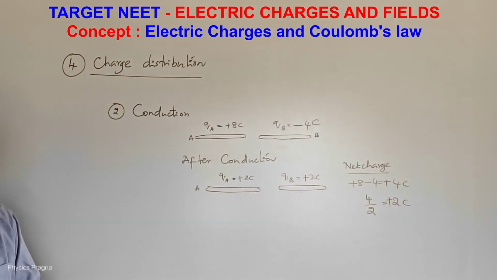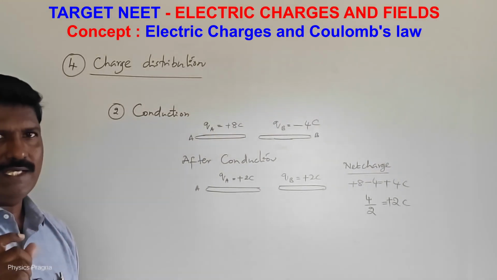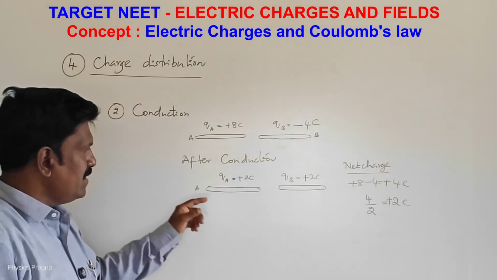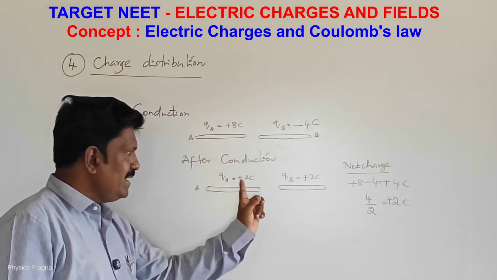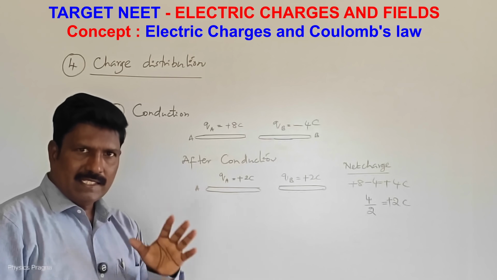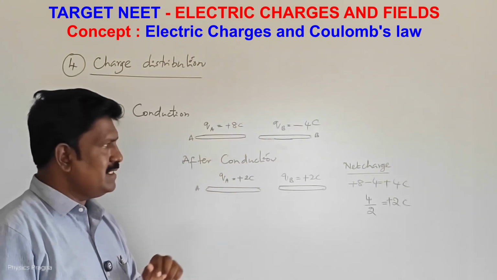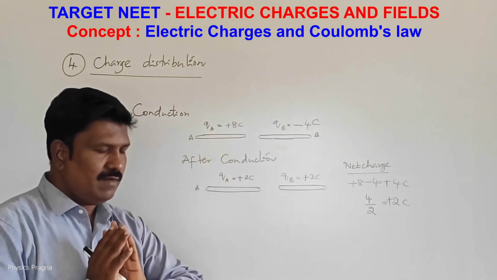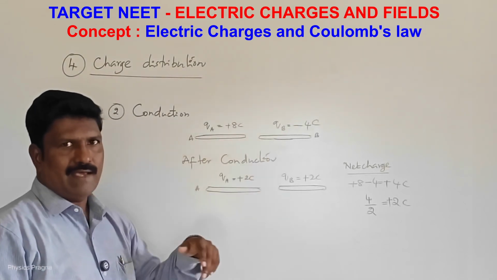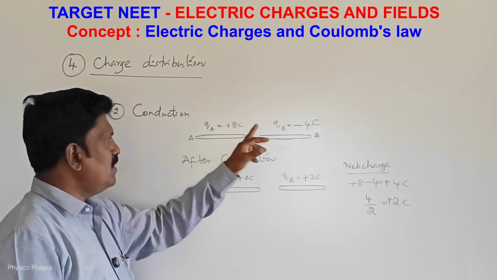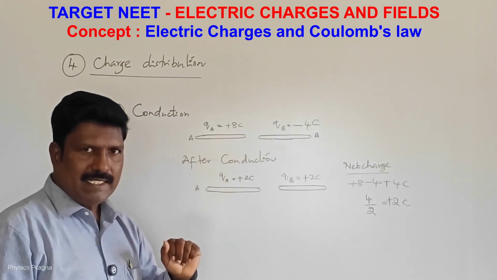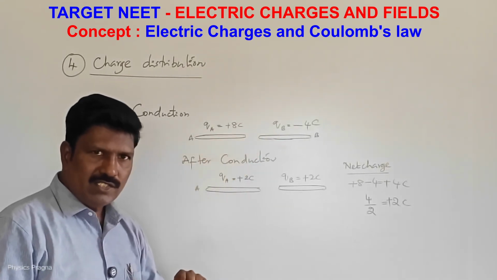So from this small discussion, what we came to know is that after conduction, both bodies acquire the same type of charge, and both bodies are having the same magnitude of charge. That's why in conduction the bodies will always repel, whether both bodies are having the same charge, both bodies are having different types of charges, or one body is charged and another body is not charged.